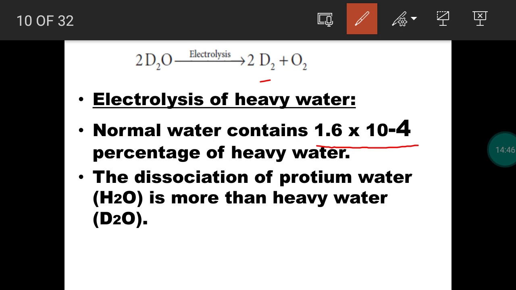So in the water molecules, abundance of heavy water, that means D2O, when you take water molecule, ordinary water molecule will have more abundance. Heavy water will have a very less abundance. So when you take normal water, it contains very less abundance.